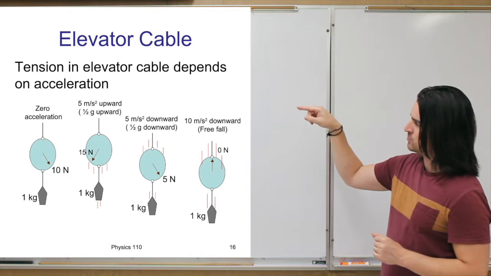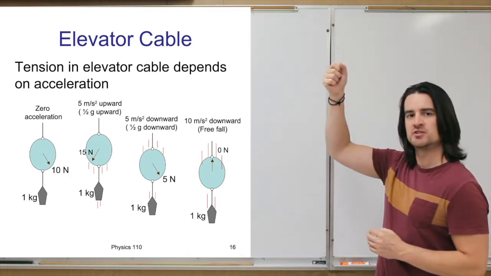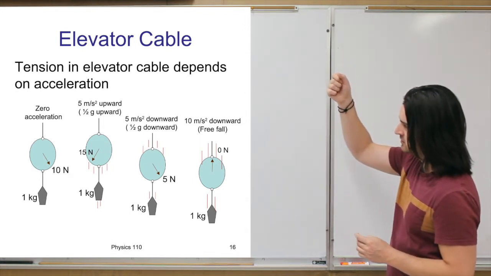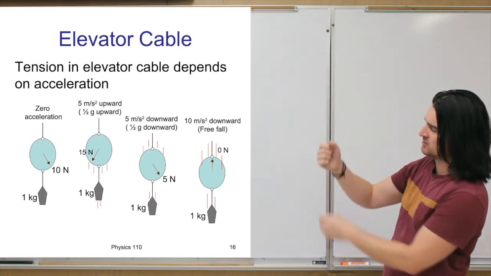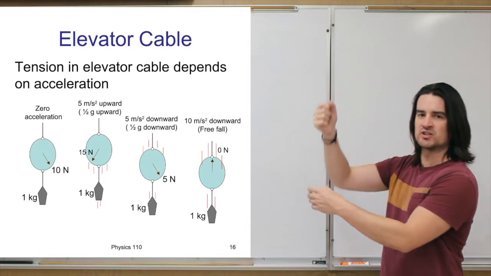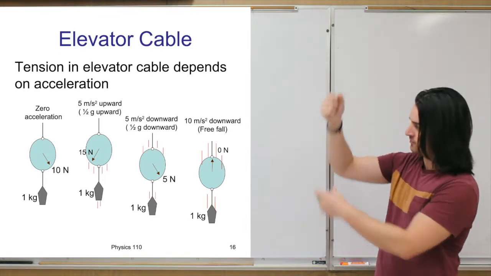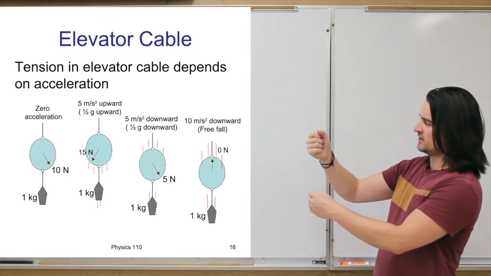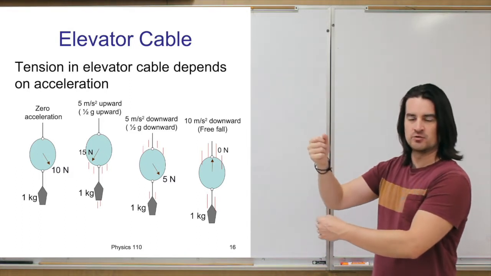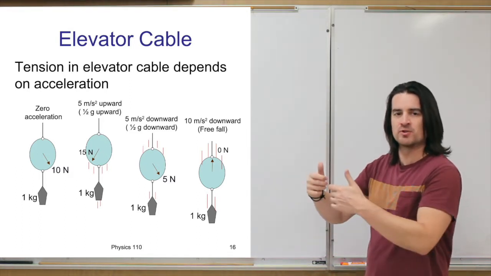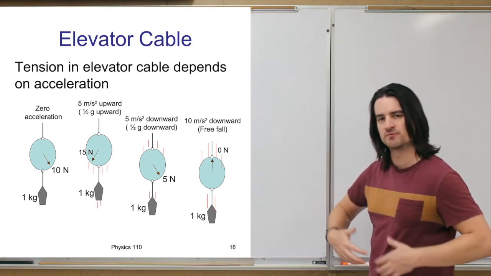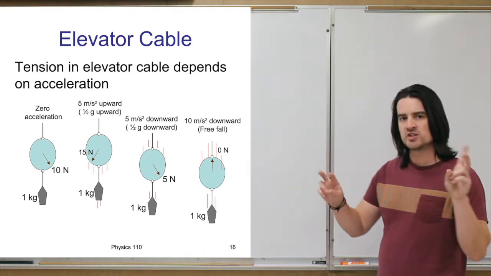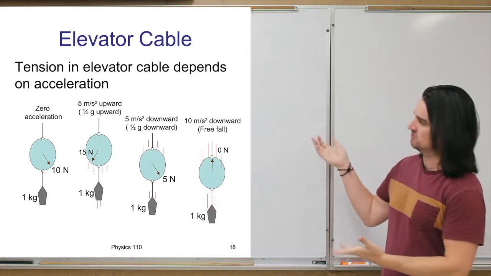However, if you start accelerating upwards, then essentially the acceleration of the elevator going upwards combines with the acceleration or the force of gravity, and you probably know this, you experience this feeling when an elevator starts moving upward. For a moment you feel heavier than you normally do, right? It feels like you're being pushed into the floor because your weight has momentarily increased. And that's exactly what happens.